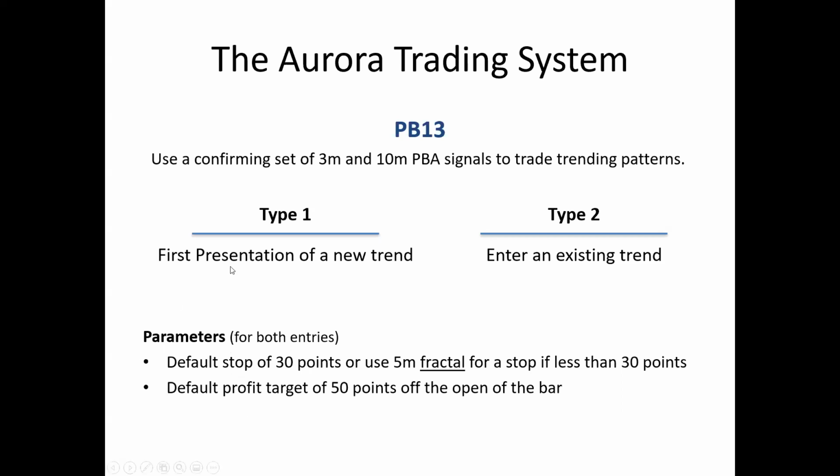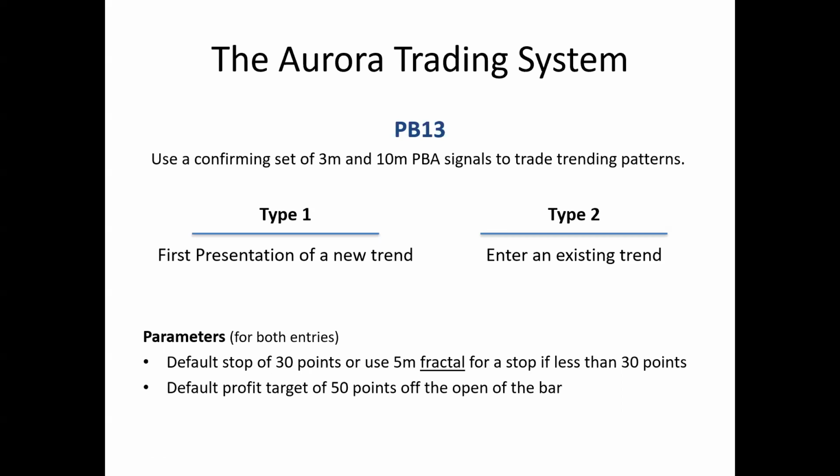Regardless of the type of trade that you're entering, the default stop and the default profit target are the same. So when we're trading trending entries, PB13s, we have a default stop of 30 points.